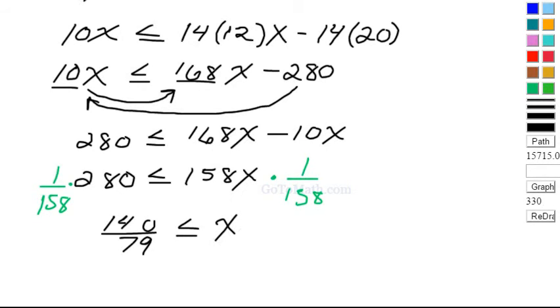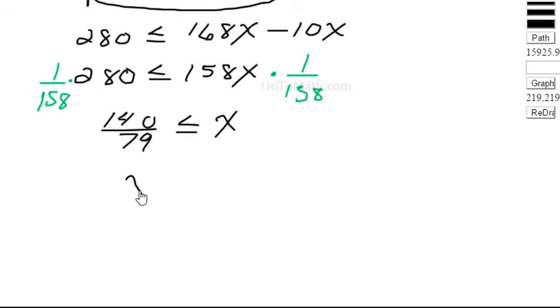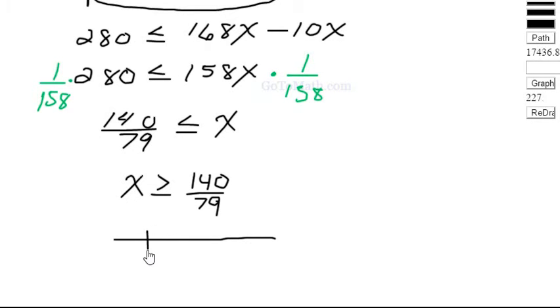I've been writing it in the standard form, where x is greater than or equal to 140 over 79. And we've been writing the interval notation. Let's put 0 here, and say 140 over 79 is right here on the number line.